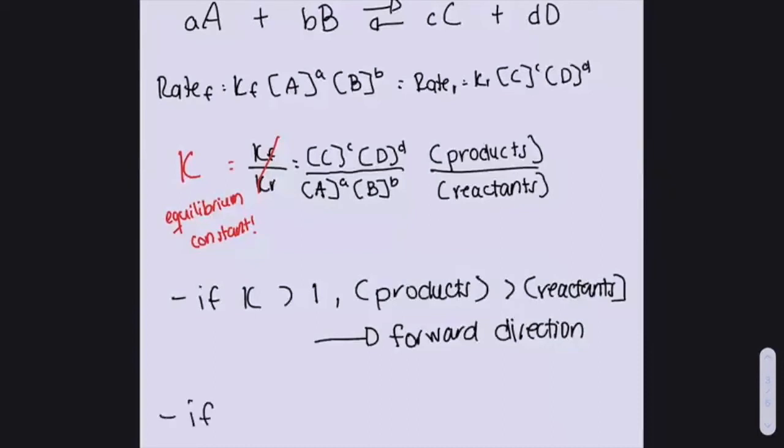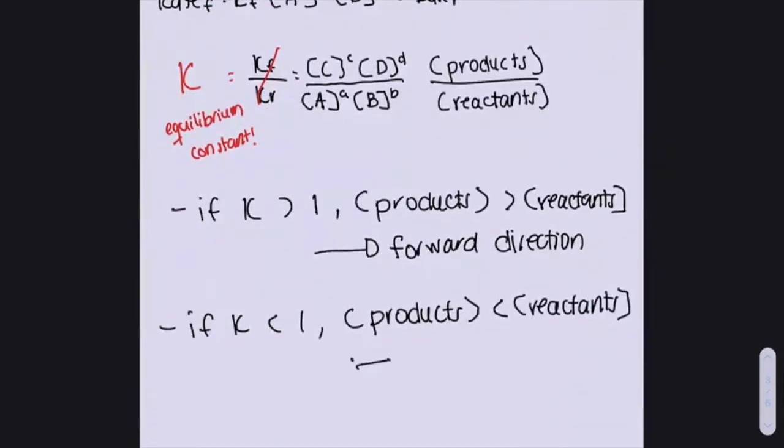And if K is less than 1, then the concentration of the products is less than the concentration of the reactants, and this drives the reaction in the reverse direction.